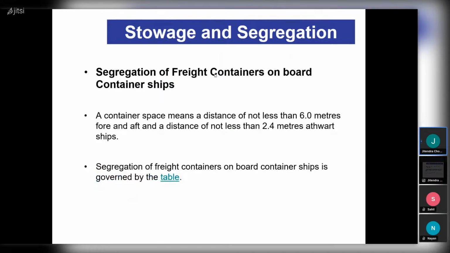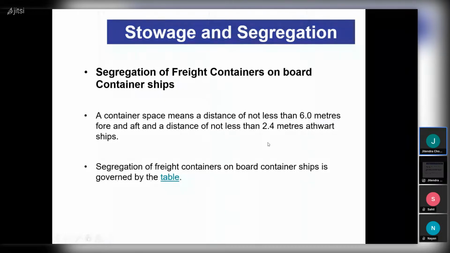So how do you segregate? First they have to know which class suits which cargo or not, and for that there should be a safe space where you can interact freely, meaning a distance not less than 6 meters fore and aft, and a distance not less than 2.5 meters.